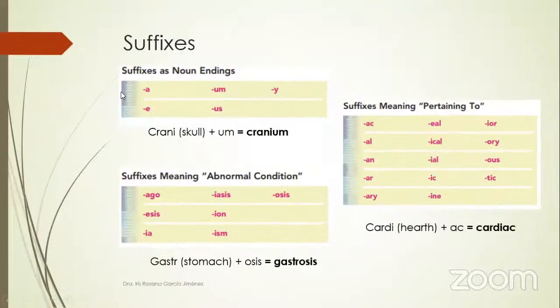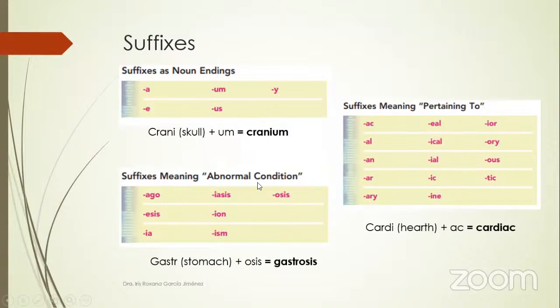The most common suffixes that we use in almost all medical terms are these ones in these charts. Suffixes as noun endings. We have these 5 ones: a, e, as, and y. For example, crani means skull, cranium, we built cranium, right?